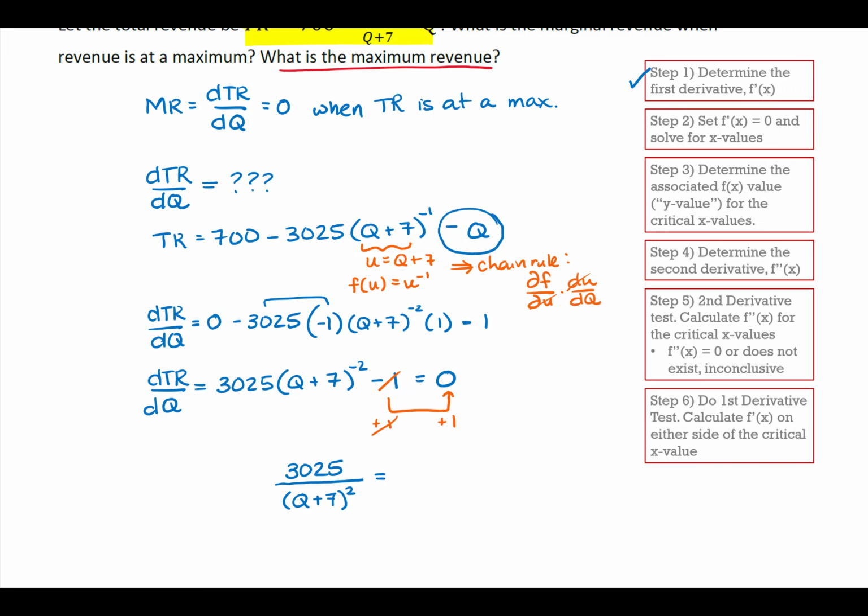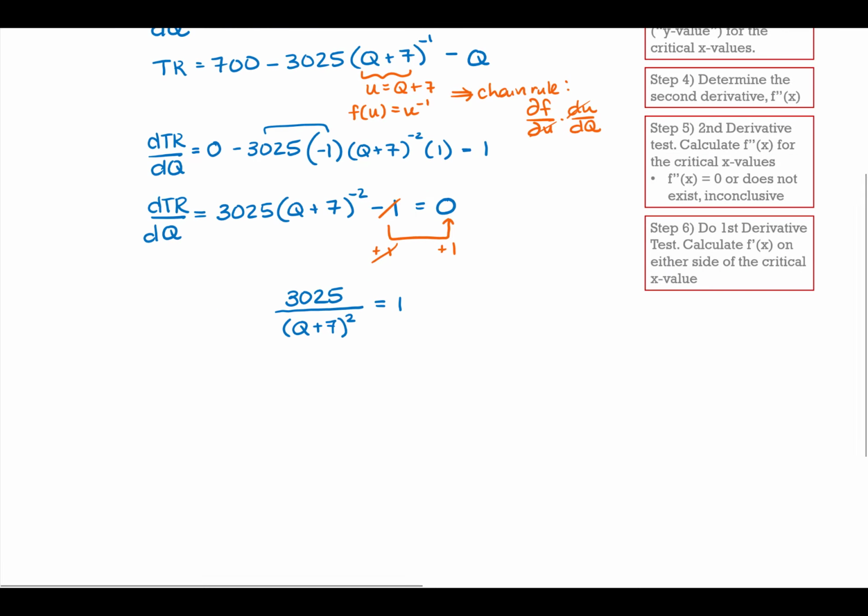And then I have 0 plus 1, which is equal to 1. I'm going to multiply up (Q plus 7) squared on both sides so that they cancel out on this side, and I'm left with 3025 is equal to (Q plus 7) squared.